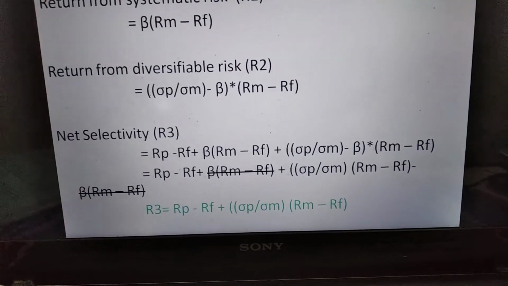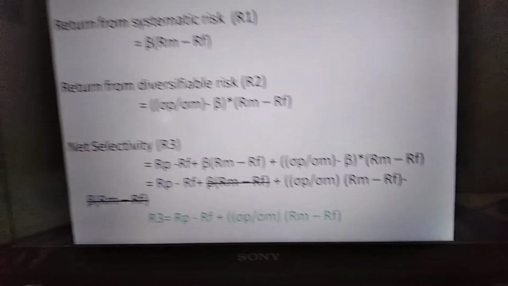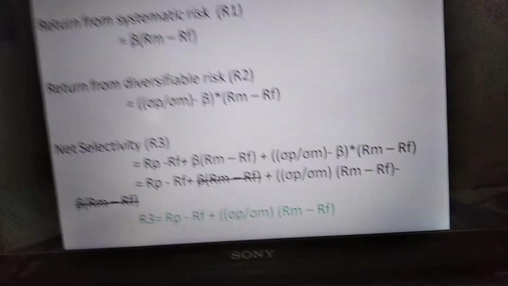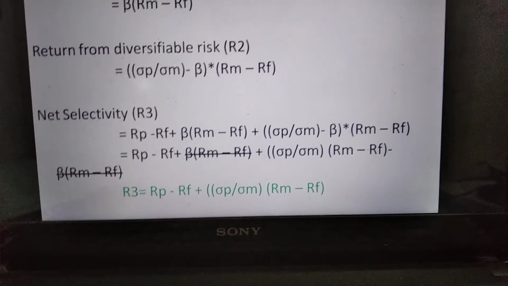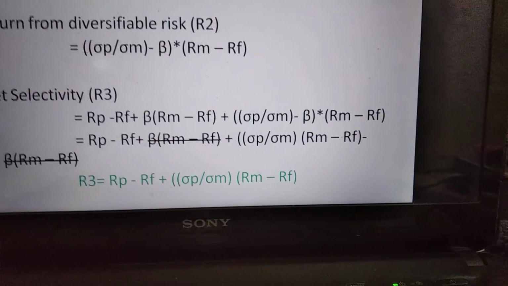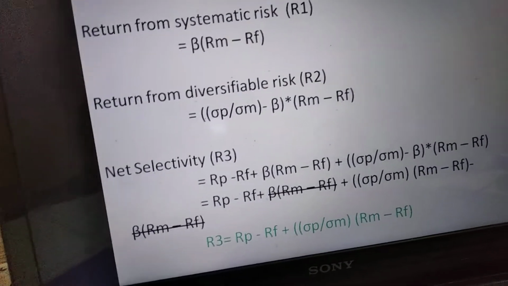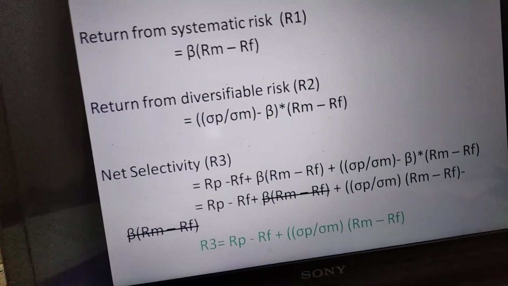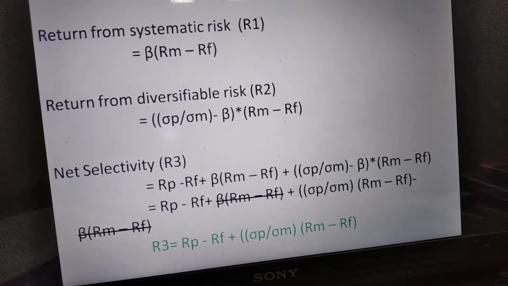So the final equation for net selectivity is R3 equals RP minus RF minus the standard deviation of the portfolio divided by the standard deviation of the market, times RM minus RF. This R3, the net selectivity, tells us the additional return obtained by the portfolio manager for his superior stock selection ability.